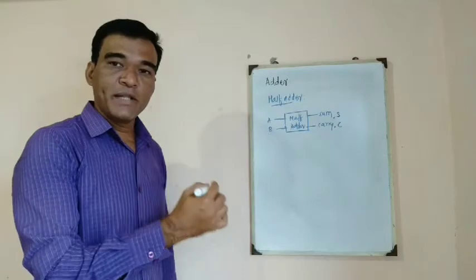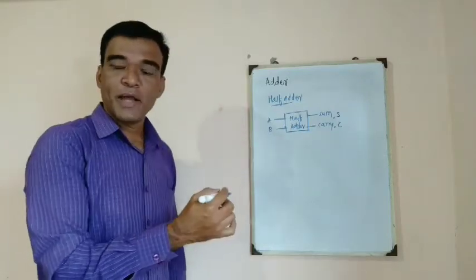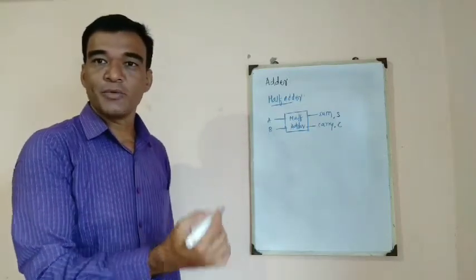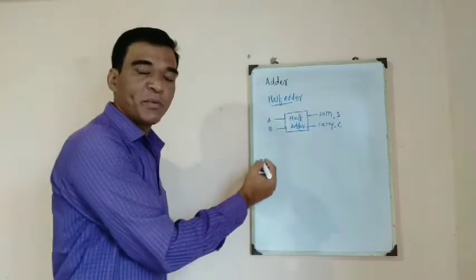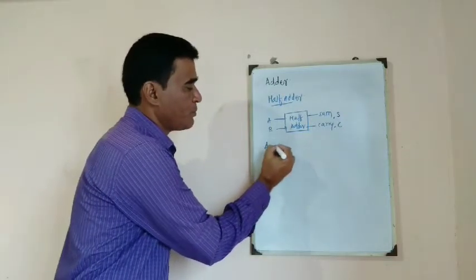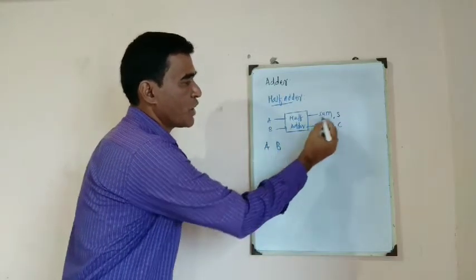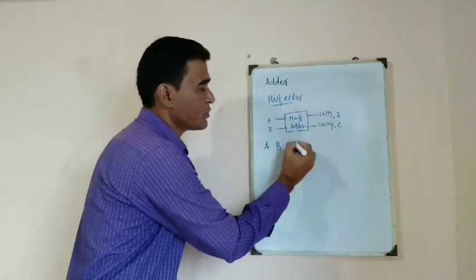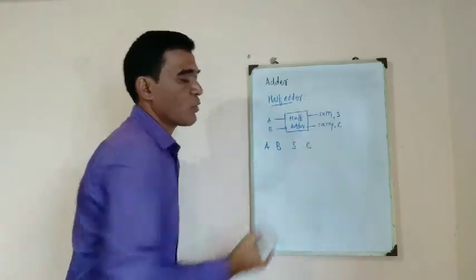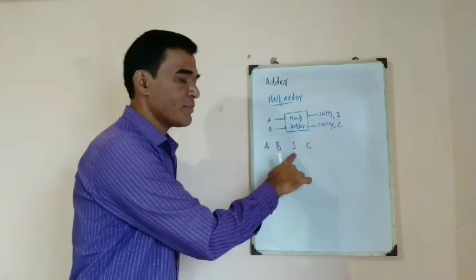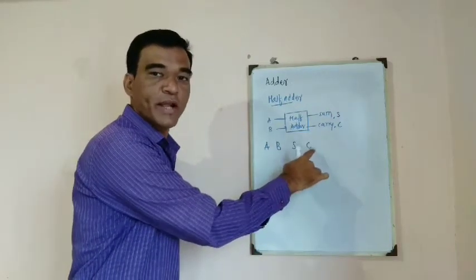Now to implement this half adder by using the gates, first of all I need to write the truth table. What do you mean by the truth table? Input combinations and corresponding outputs. As it has two outputs, I need to write two columns for output also. One column is for sum, another column is for carry.